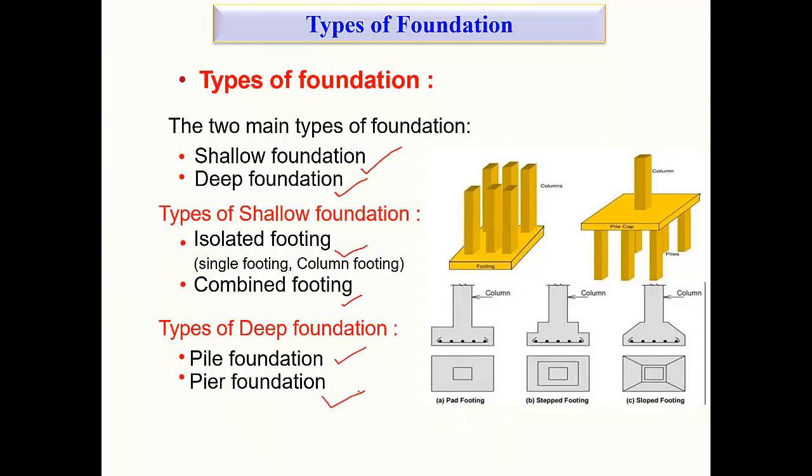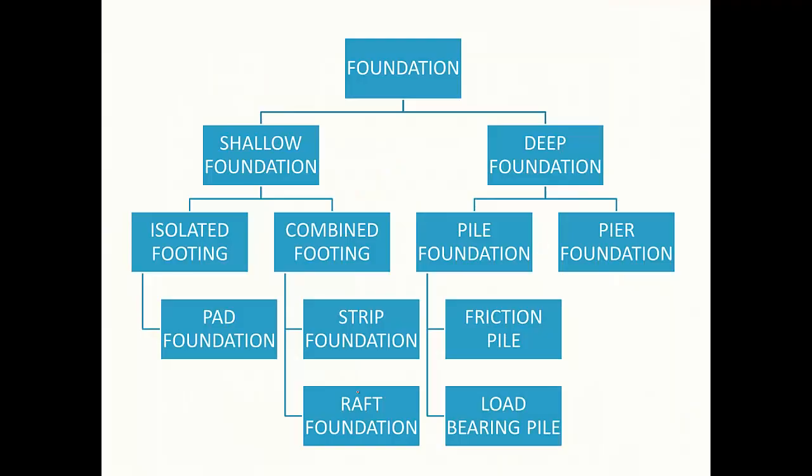Pile foundations you usually see, and a pier foundation is a massive kind of piling that you sometimes find for heavy structures, right? For example, in the metro rail project in Bangladesh, you might see some pier foundations. Like Padma Bridge.